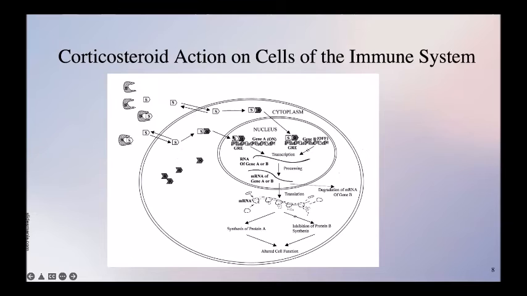Once inside the cytoplasm, they bind to the receptors. The corticosteroid receptor complexes translocate into the nucleus, where they bind to the glucocorticoid response elements in the promoter region of steroid-responsive target genes, either promoting or suppressing the transcription of a particular gene.